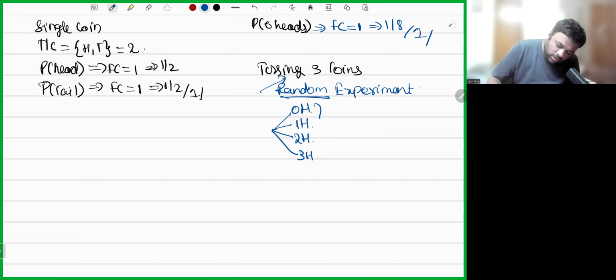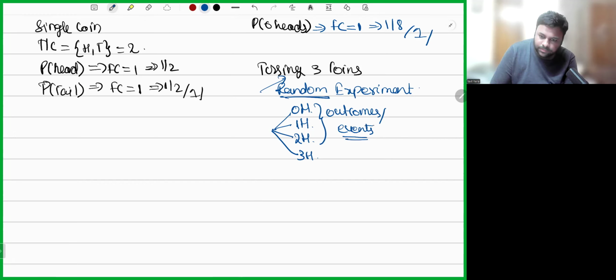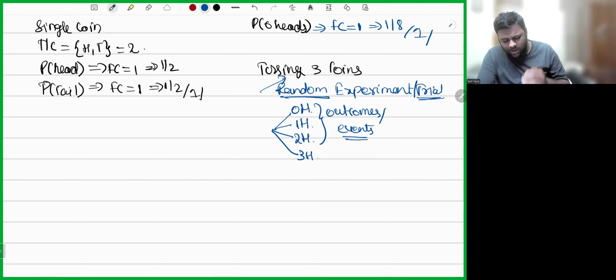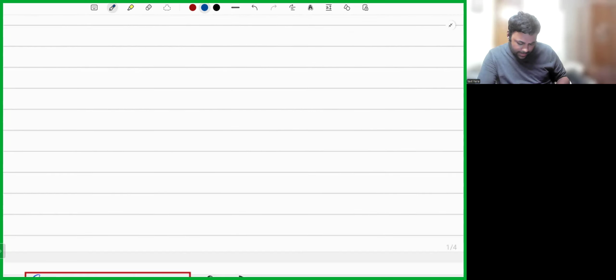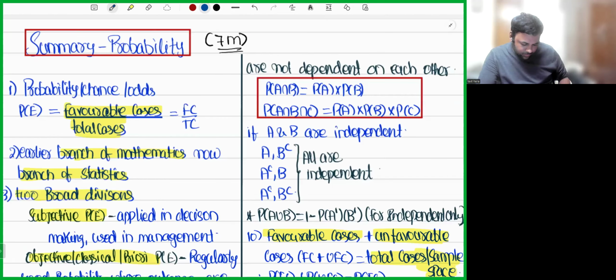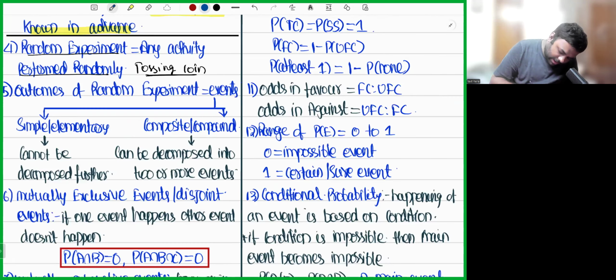These are called outcomes or events. Okay. This random experiment is also called a trial. The outcomes of a random experiment are called events. Random experiment is also called a trial. You may ask about all these things in theory. But in practical, we don't use all these things. This point will come back later again.